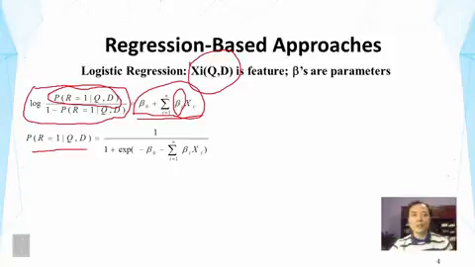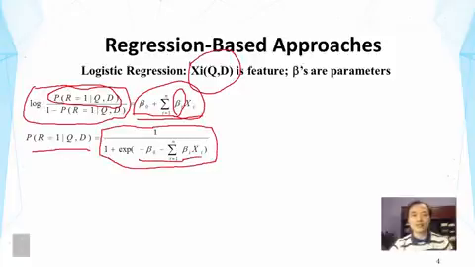So on this side, on this equation, then we'll have the probability of relevance. And on the right-hand side, we will have this form. Now, this form is clearly non-negative, and it still involves the linear combination of features.